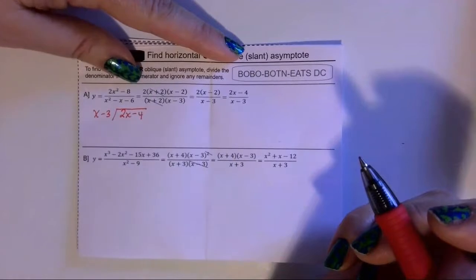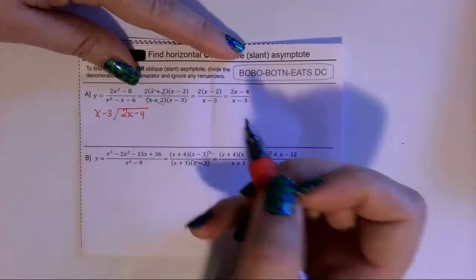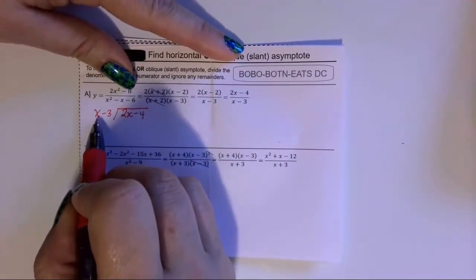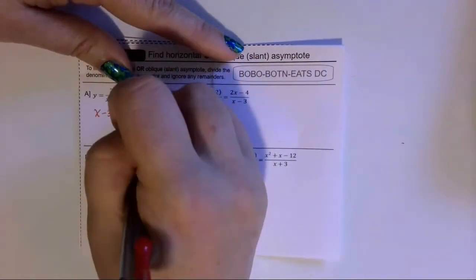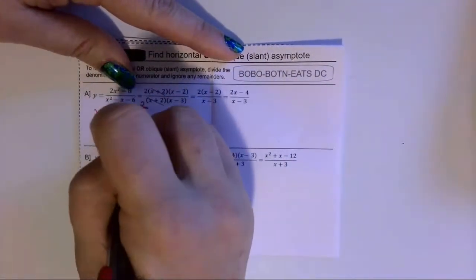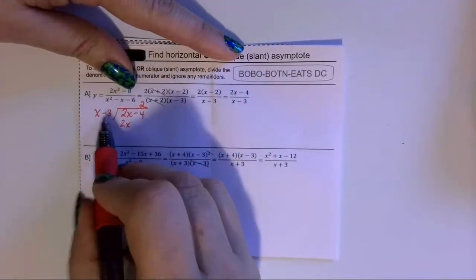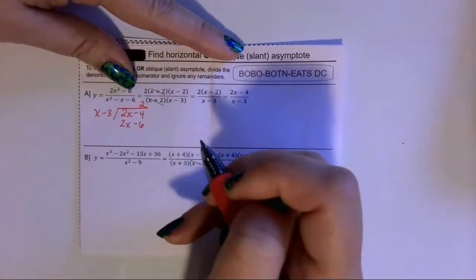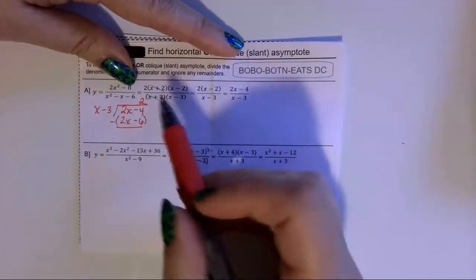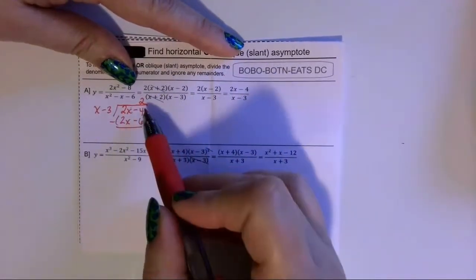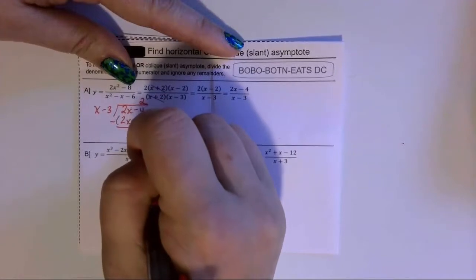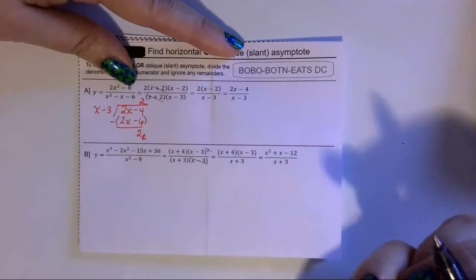So I'm going to go ahead and start with the long division. I ask myself, how many times do I multiply x to get 2x? And that answer would be 2. Then I distribute. 2 times x is 2x. 2 times negative 3 is negative 6. Draw a line, change our sign, and 2x minus 2x is 0. Negative 4 minus a negative 6 is positive 2, and that's the remainder.